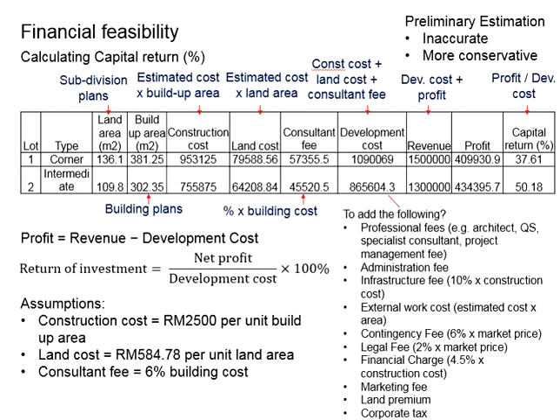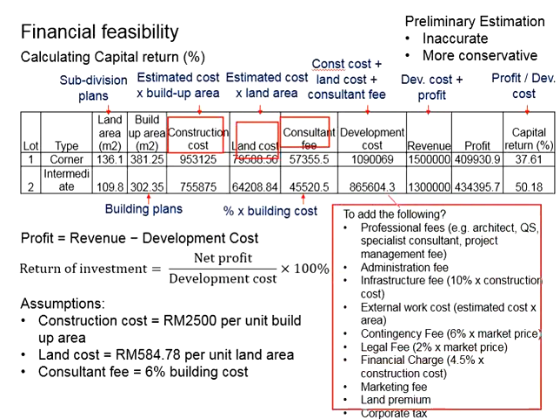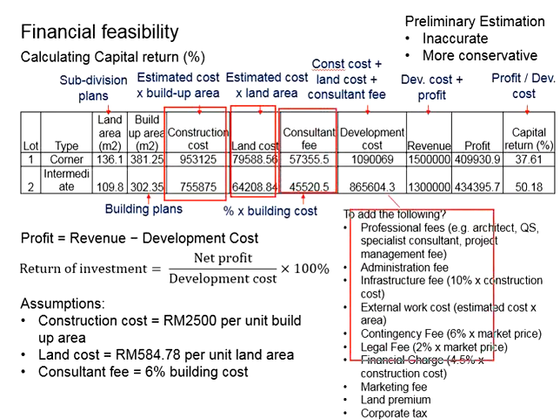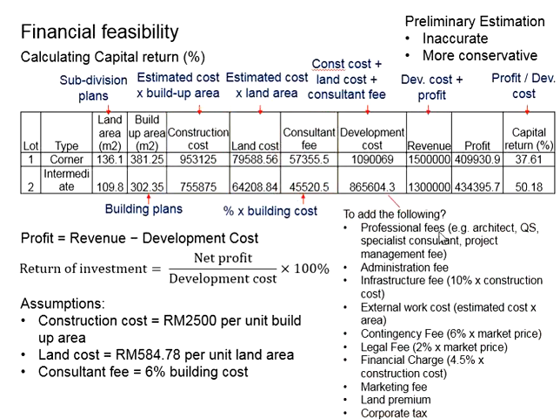Let's say now you have computed the construction cost, land cost, consultant fee, as well as those minor expenses. Your next step will be for you to get the development cost. The development cost will be the summations of the construction cost, land cost, consultant fees, as well as the other expenses.